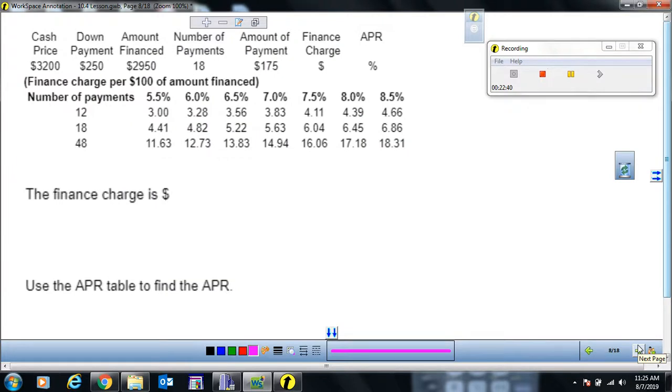Okay, so this one is just an extra example of the same thing, so that you can see another example. They give you a little table, everything self-explanatory. The cash price is $3,200, the down payment is $250, the amount financed is $2,950.